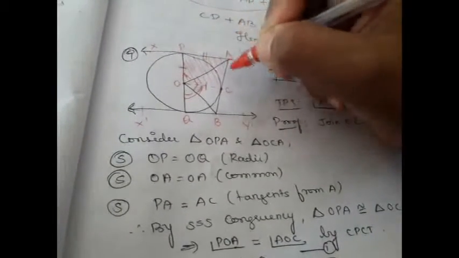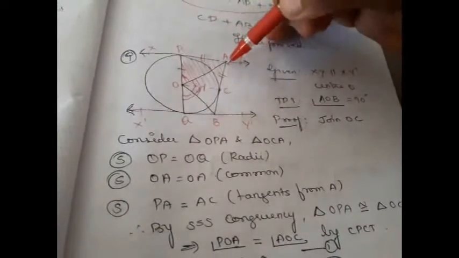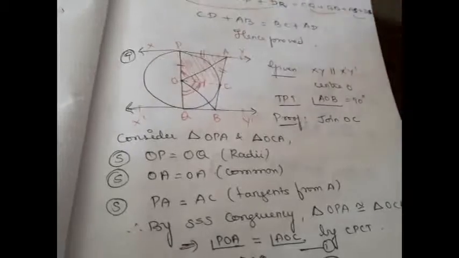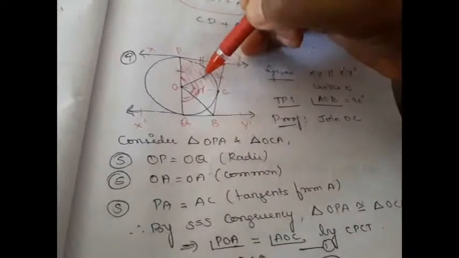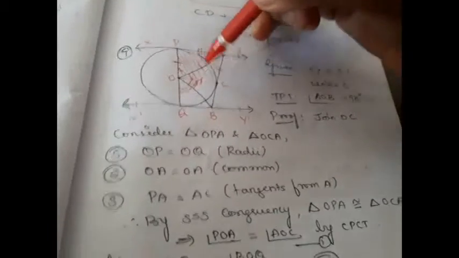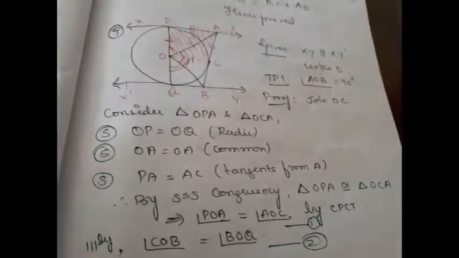And what about AP and AC? AP and AC are two tangents drawn from an external point A. Therefore, they will be equal in length. So all three sides of the triangles are equal. Therefore, by SSS congruency criteria, these two triangles are congruent.